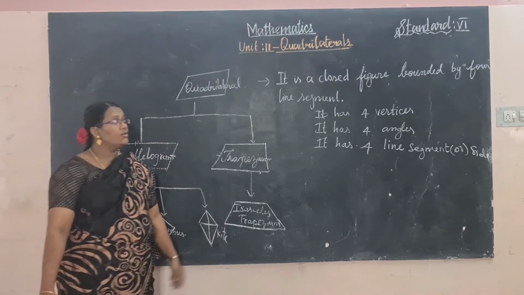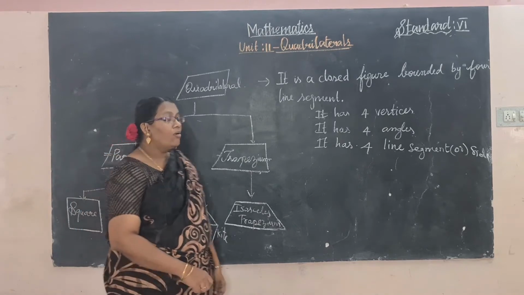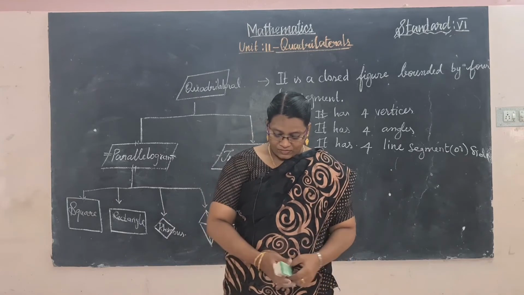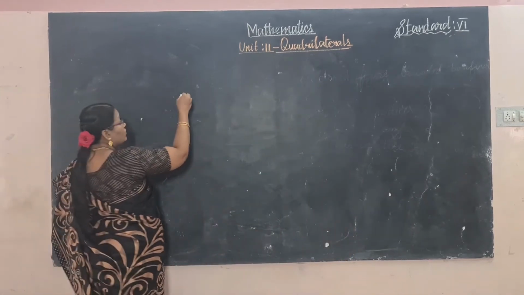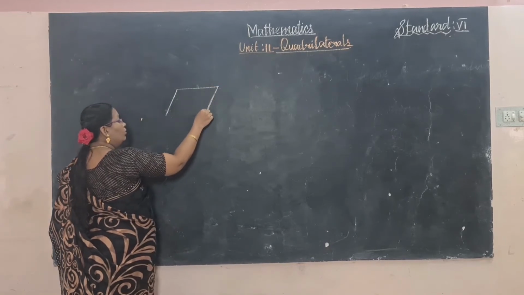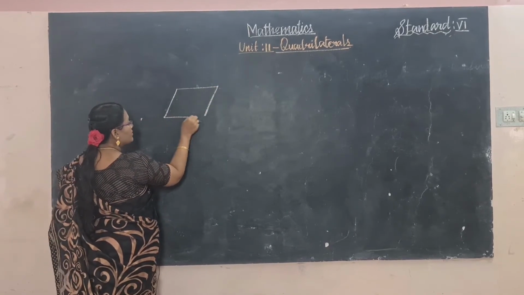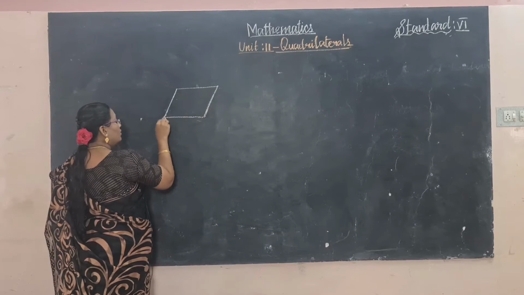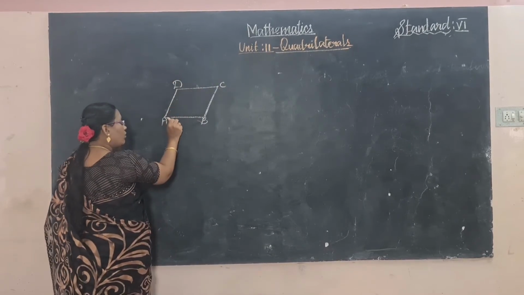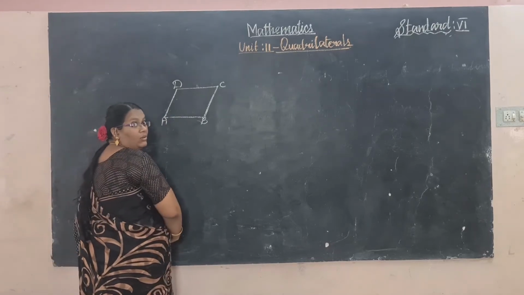It is a closed figure bounded by four line segments. Now see the next one. A quadrilateral has two diagonals. In quadrilateral A, B, C, D, all quadrilaterals have two diagonals.